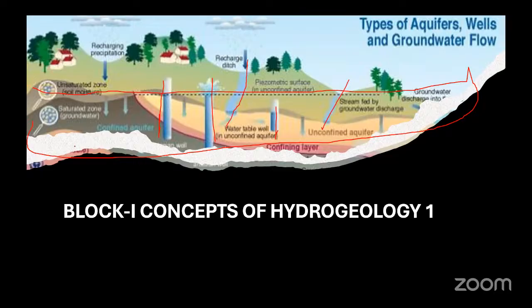Here you can observe this is another aquifer and this is another aquifer. This is the groundwater, and this is another water level which is covered in the confined area. In detail we are going to discuss in the upcoming classes, upcoming slides.